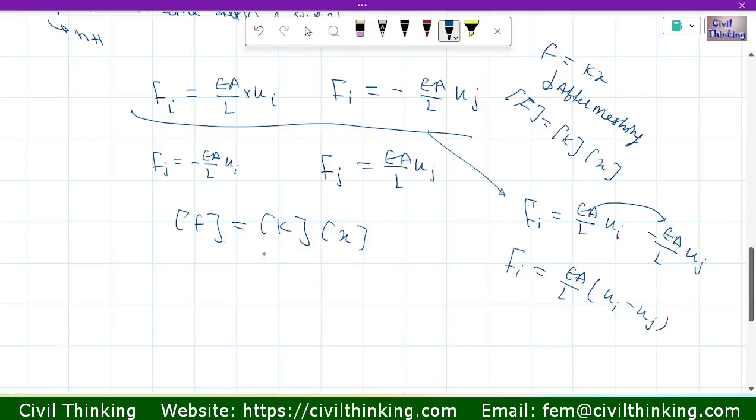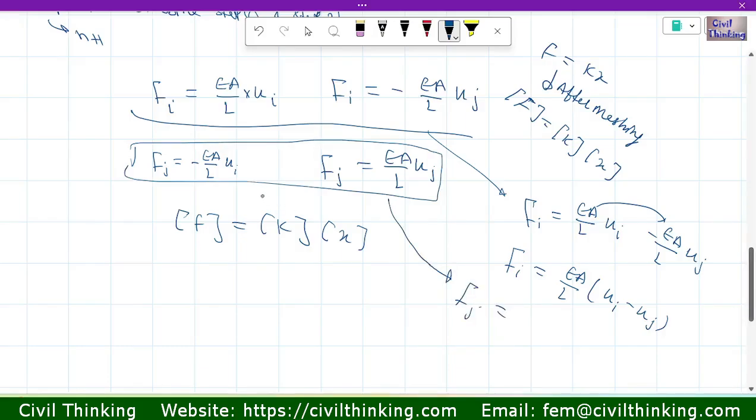So this is our Fi, and from these two I will get the value of Fj. So Fj is going to be, again, EA by L, EA by L. I will keep them as common, then it is minus Ui and plus Uj, right?